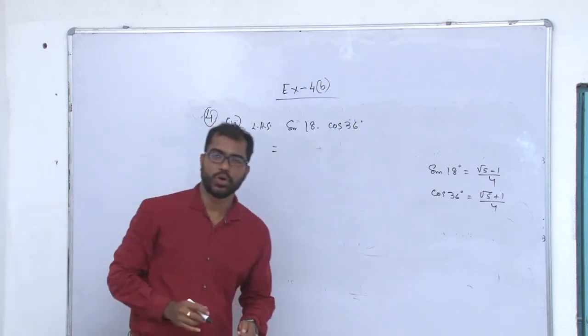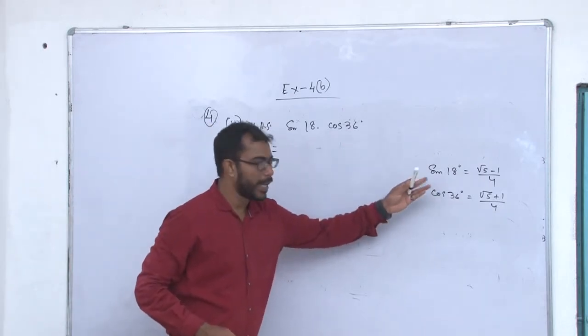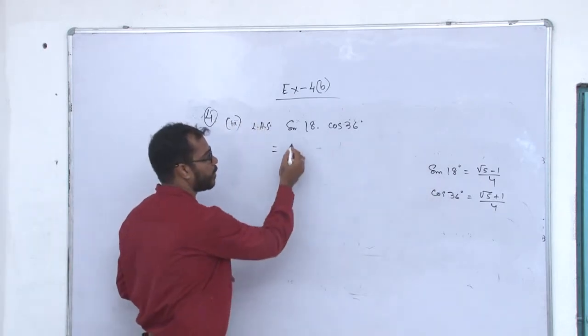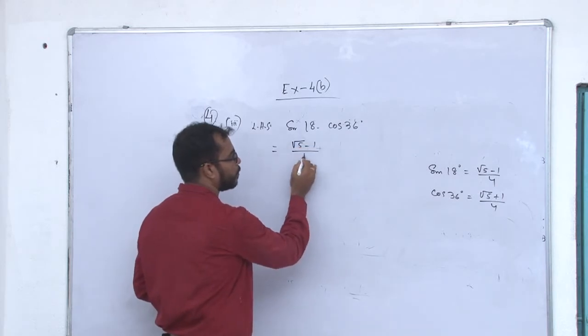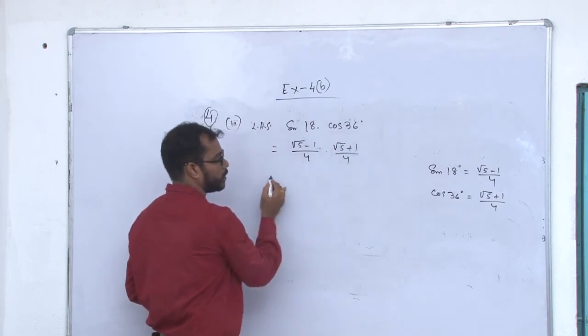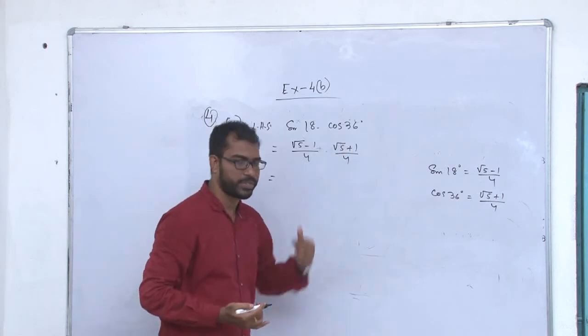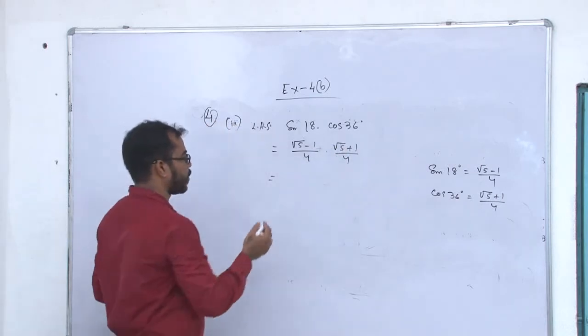So we take the LHS, sine 18 degree into cos 36 degree. As you know, the value of sine 18 degree is root 5 minus 1 by 4 into cos 36 degree, which is root 5 plus 1 by 4. So here you can use the formula a minus b into a plus b, that is a square minus b square.